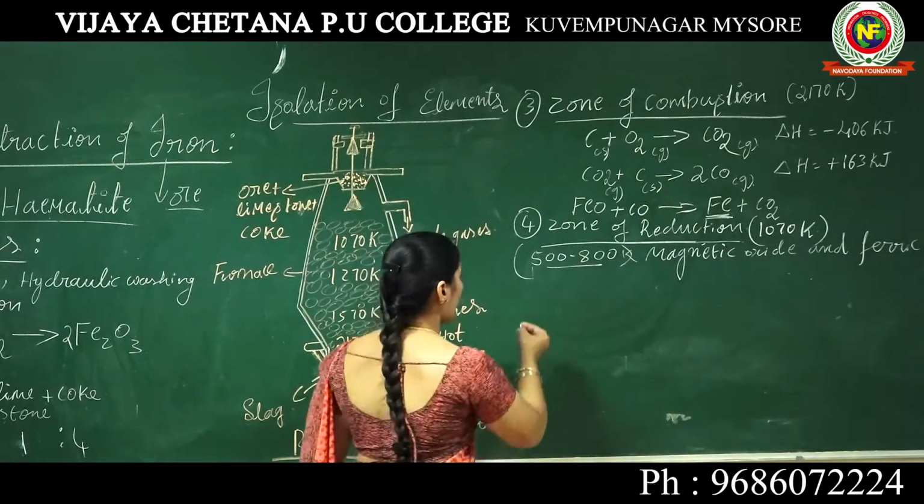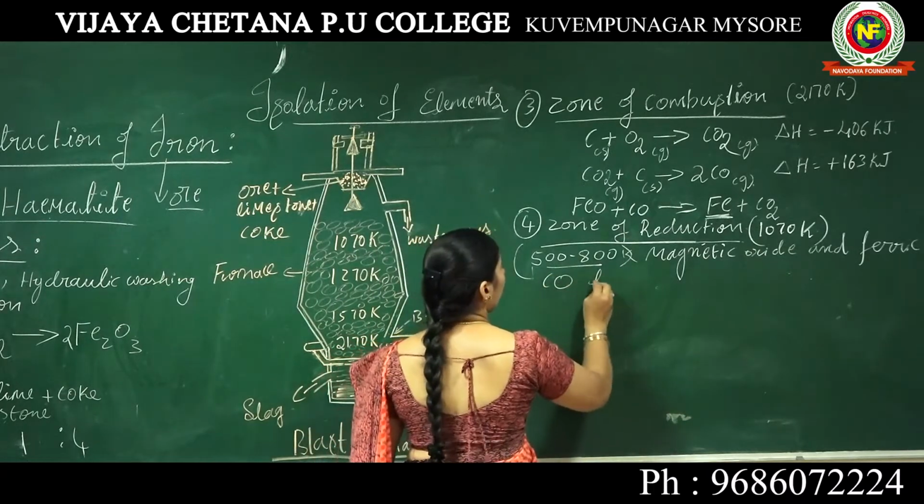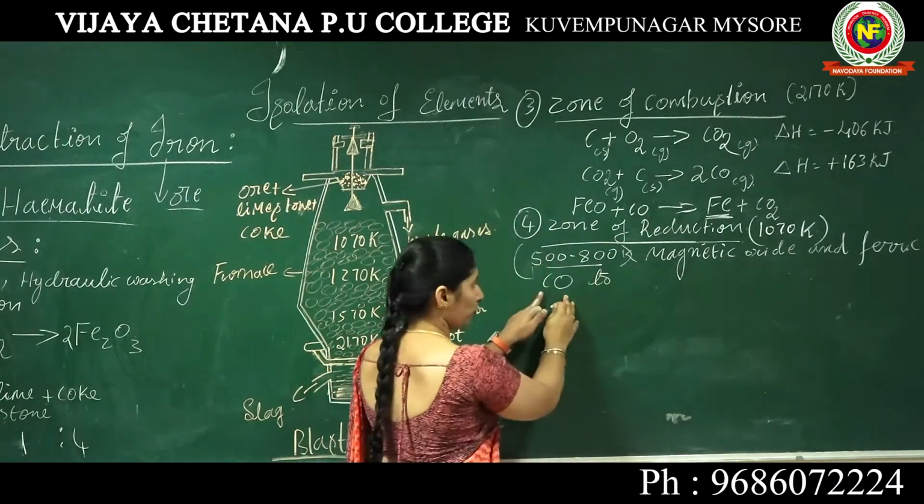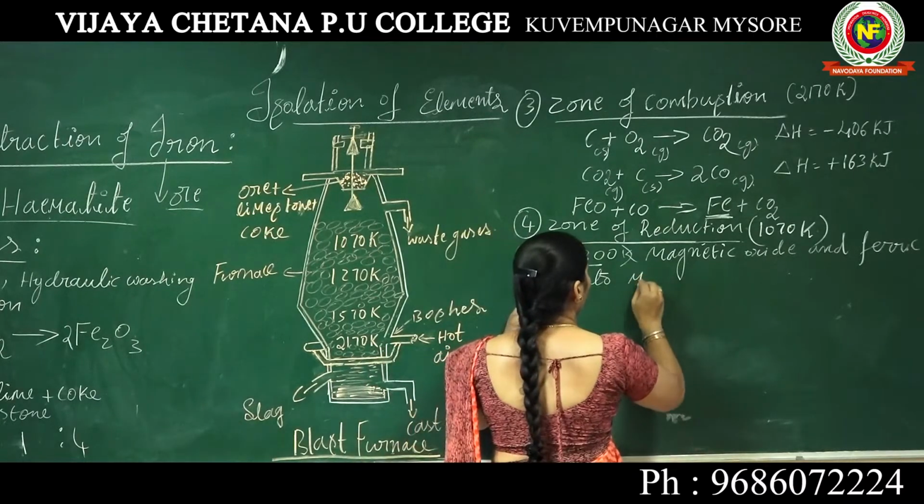They are reduced by carbon monoxide to form molten iron.